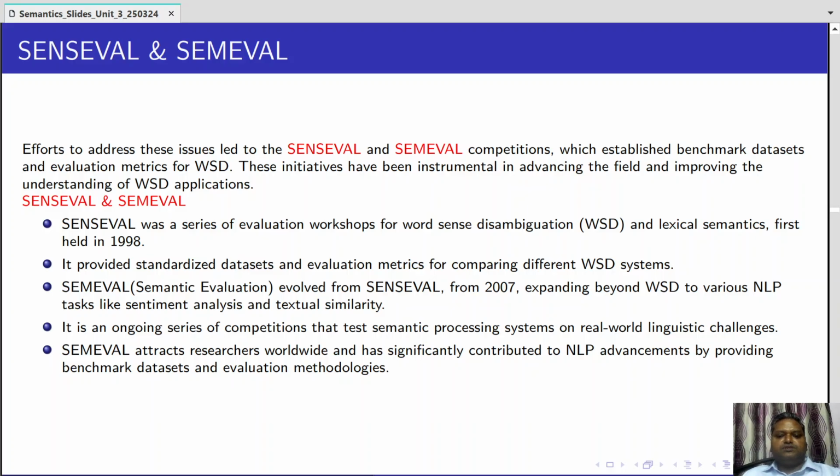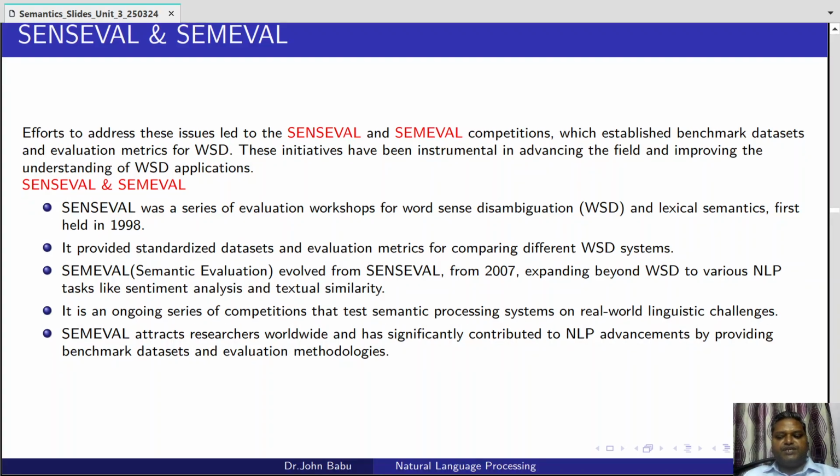To counter these hindrances, the linguist scientists conducted yearly competitions. If you know, in computer vision, every year they conduct the ImageNet Visual Recognition Challenge. Similarly, in NLP, from 1998 onward, they conducted a competition called SenseEval. So there is an evaluation workshop and competitions for word sense disambiguation, where the linguistic scientists are given the task of word sense disambiguation, developing corpora, and developing lexical databases.